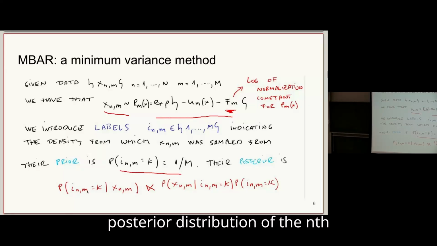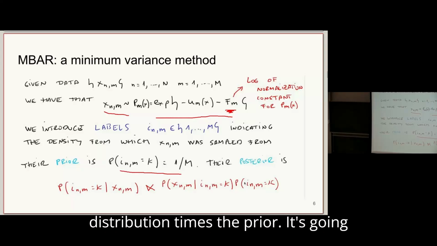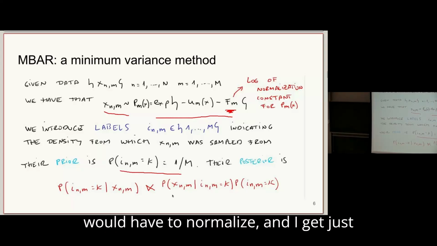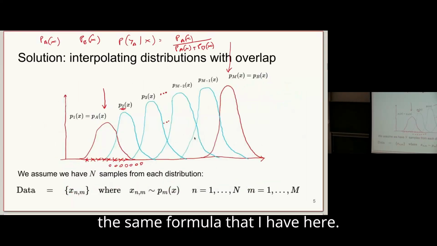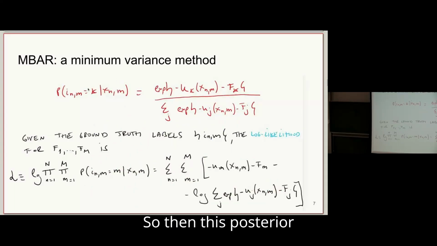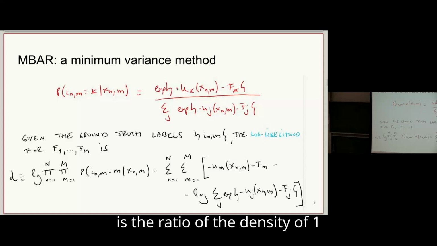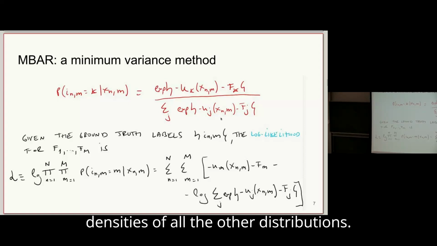The posterior distribution of the nth sample belonging to the kth distribution is going to be the probability that that sample was generated from that distribution times the prior, and it's going to be proportional to that, and then I will have to normalize, and I get just the same formula that I have here. So then, this posterior predictive, or the predictive probabilities of my generative classifier, is the ratio of the density of one distribution divided by the sum of the densities of all the other distributions.